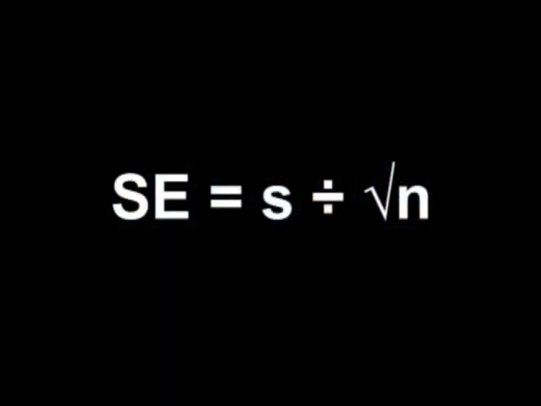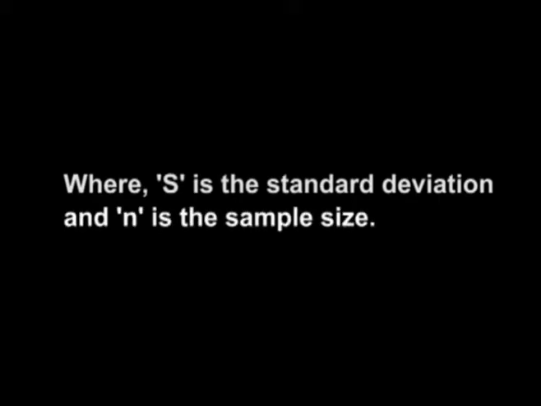SE is equal to S divided by square root of n, where S is the standard deviation and small n is the sample size. Standard error is useful when one compares the dispersion of two different data sets of unequal sample size, and that is drawn from the same or from different population.